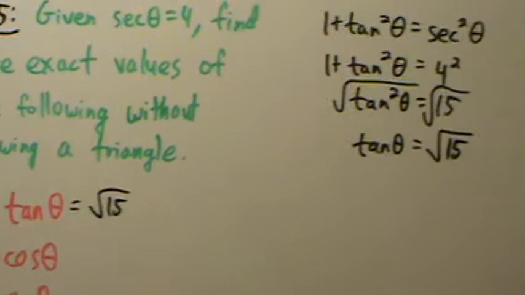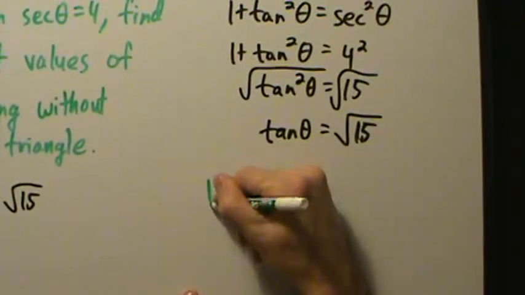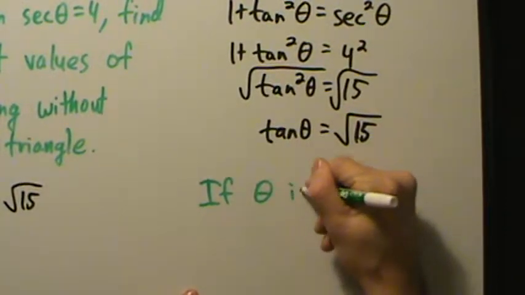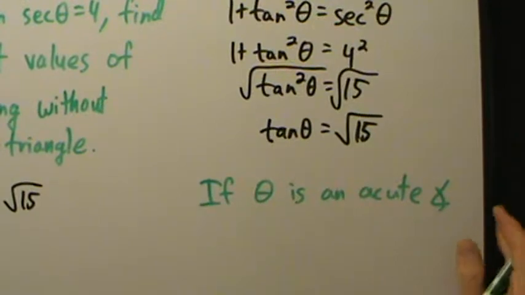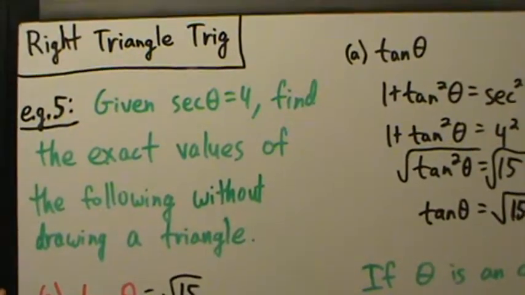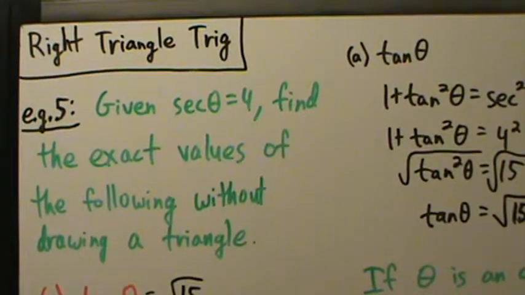That thing I just said is worth writing down, because it's a point worth mentioning here. If theta is an acute angle, then the 6 trig functions of theta have positive values. And first of all, how do we know that theta is acute? Well, we're talking about right triangle trig, so all the angles we've been talking about have been acute angles.